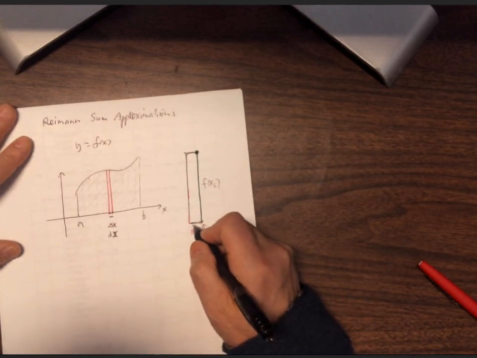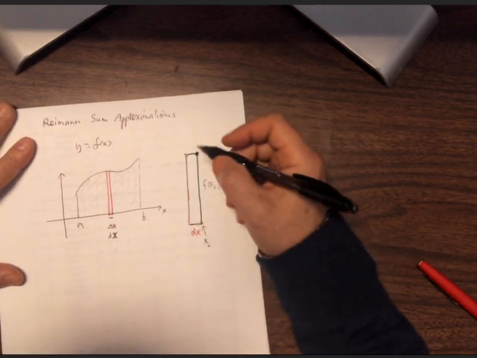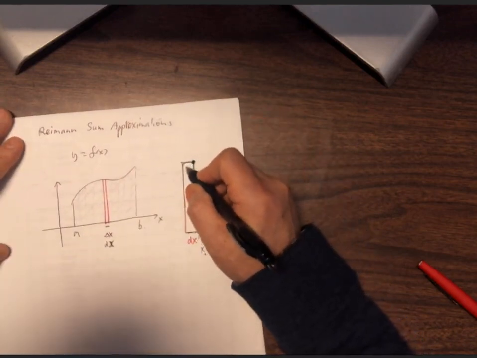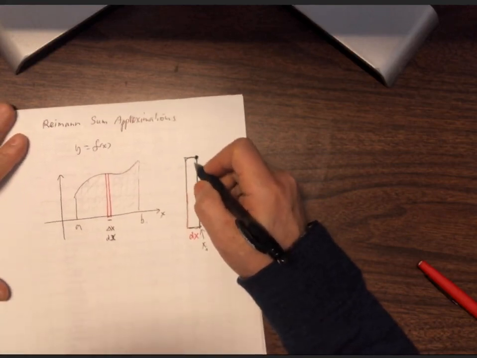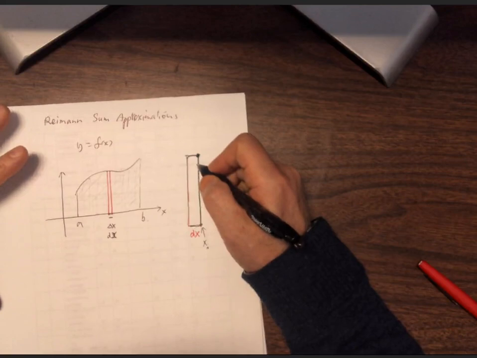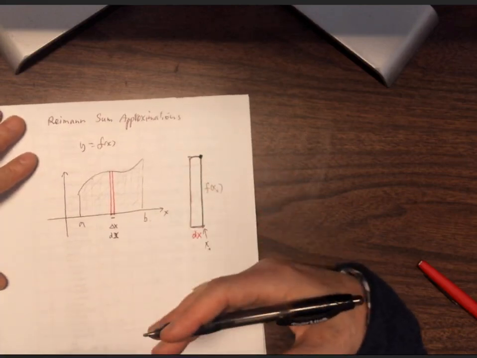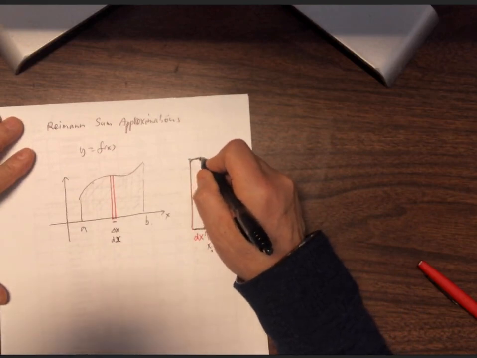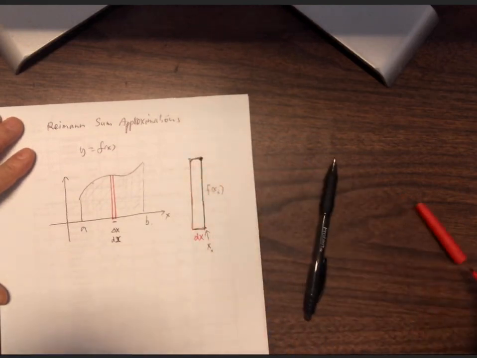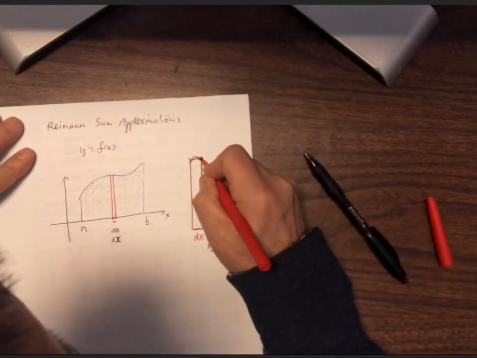Because it's so narrow, practically the area of rectangle constructed this way is very close to the area of the actual strip with curved top.